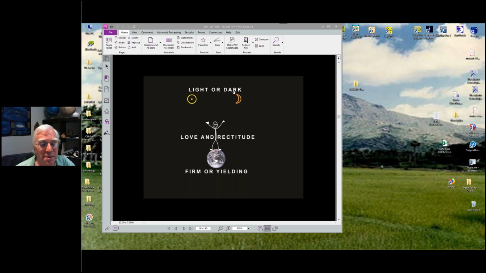Love and rectitude are two nice words for the duality of man. You could say creative and receptive, but it's more than that. But we're in between. This is the basis of the philosophy of the interpretation of the lines and of the trigrams in the I Ching.